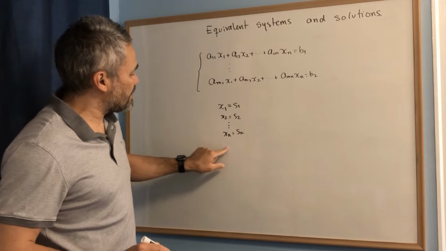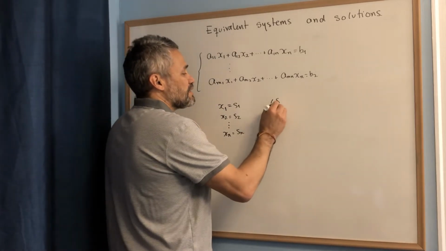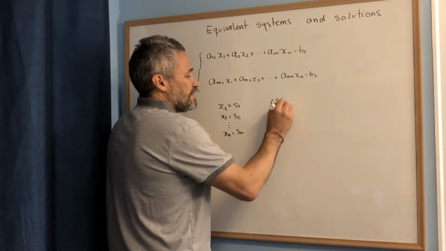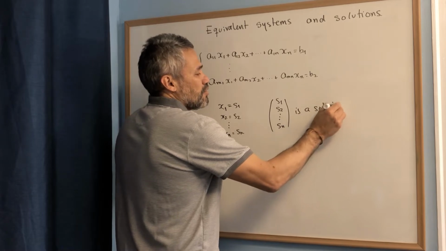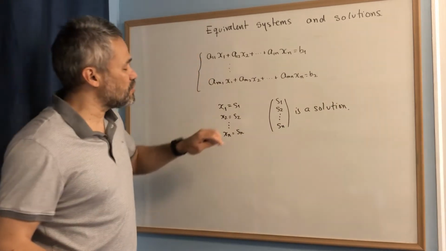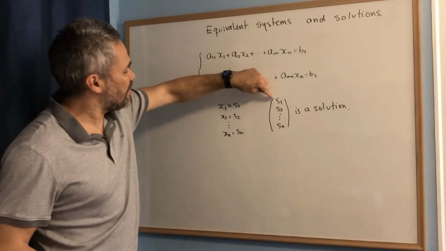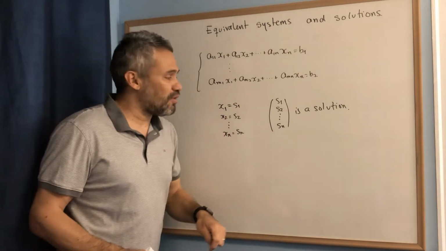But instead of saying that, we're going to say that (s1, s2, up to sn) is a solution. Notice that somehow we're using the order of the vectors to say that the first entry goes with x1, the second entry goes with x2, and so on.